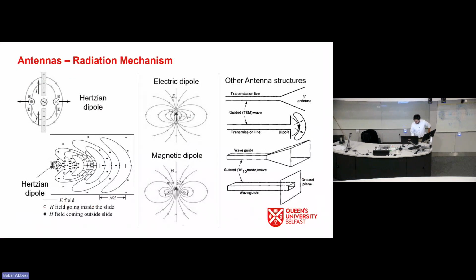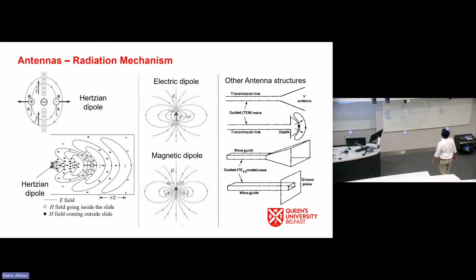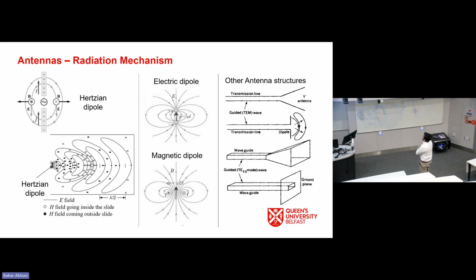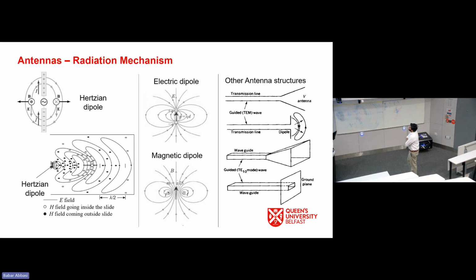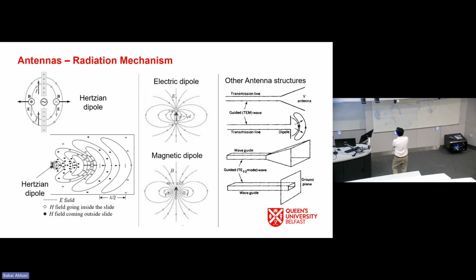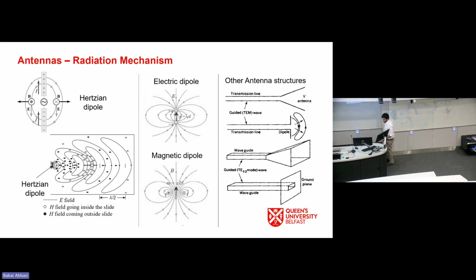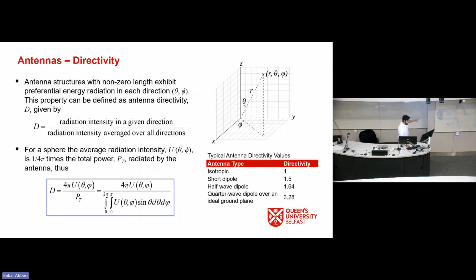Some other antenna structures consist of a transmission line with a simple antenna, a dipole antenna, a waveguide connected to a horn antenna, and a simple waveguide with a ground plane that will radiate. Okay, so this is basic understanding about antennas.